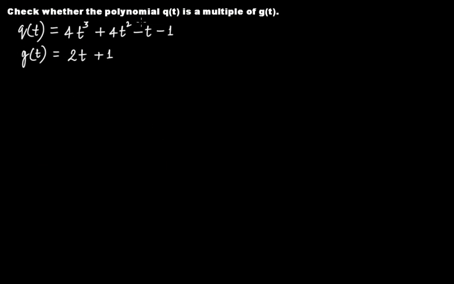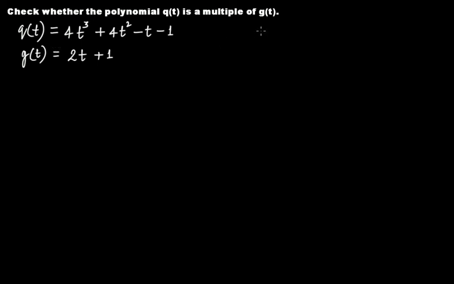Check whether the polynomial q(t) is a multiple of g(t). q(t) is equal to 4t cubed plus 4t squared minus t minus 1, and g(t) is equal to 2t plus 1. Now, let's try to understand this by a simple example.